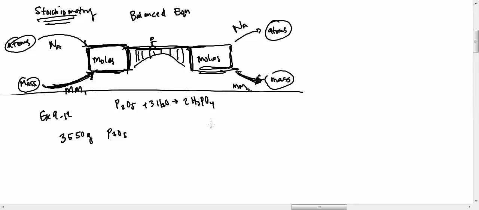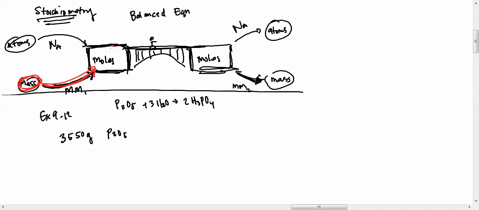All right, so I'm just going to give you an idea of where we're going. We're going to start here. We start off with the mass of diphosphorus pentoxide. We're going to need the molar mass to convert to moles of diphosphorus pentoxide.